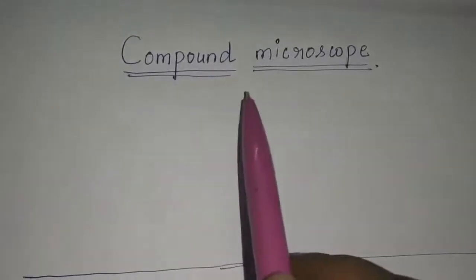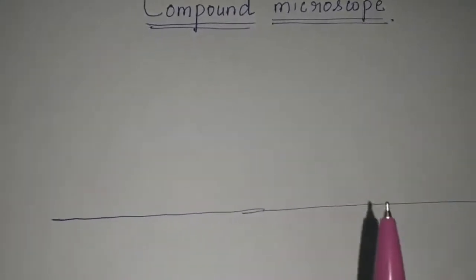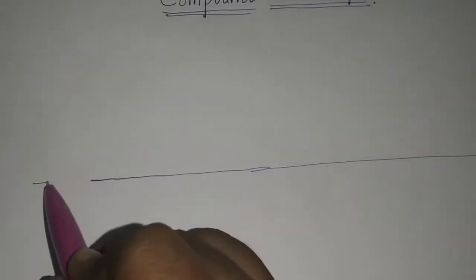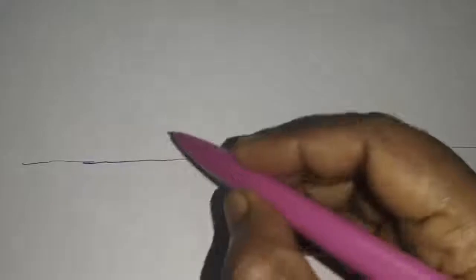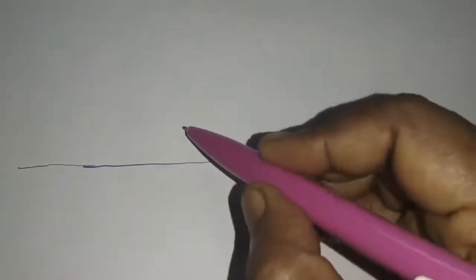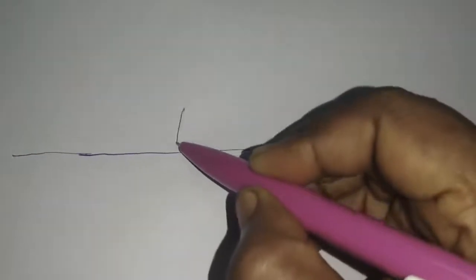Students, working of compound microscope. First we have to draw the principal axis, and then we are going to draw the first lens.